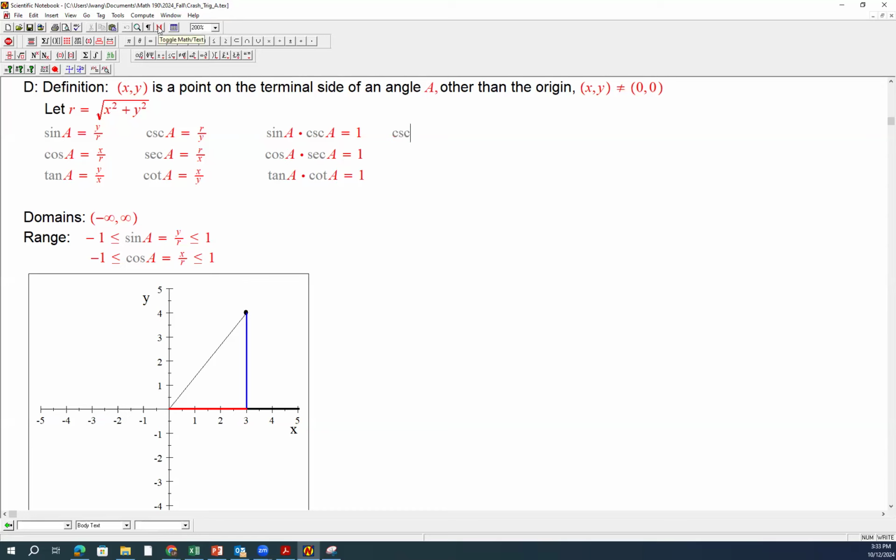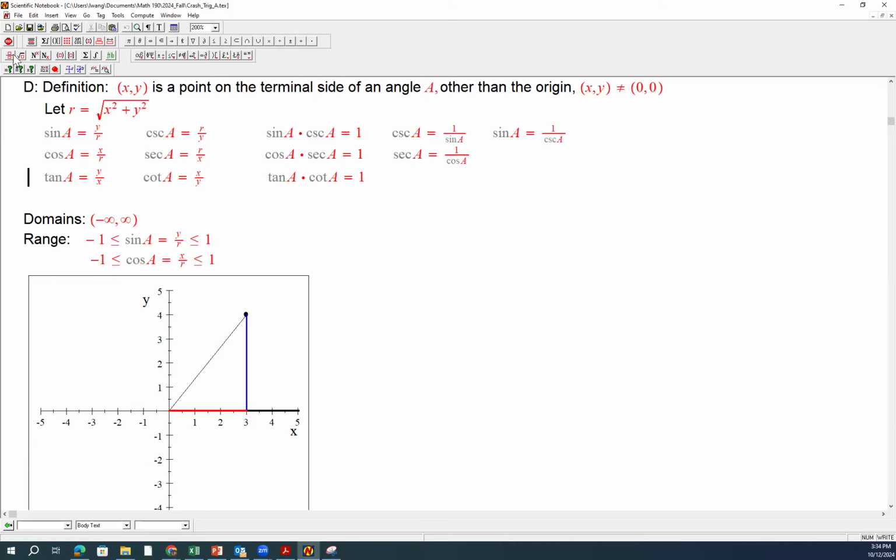For example, cosecant A is equal to 1 over sine of A, right? And you can also say sine of A equals 1 over cosecant of A, right? So a similar situation applies. We can see secant of A equals 1 over cosine of A, okay? And continue on this list, right?